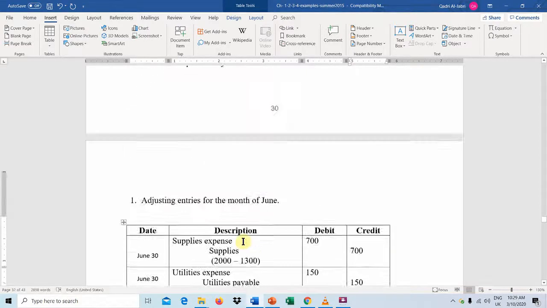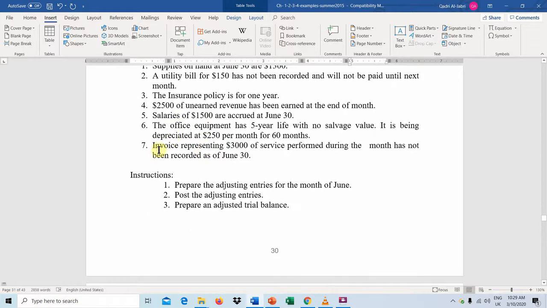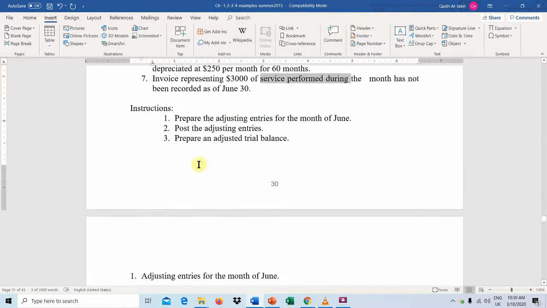Now the last one, saying that we have an invoice representing $3,000 of service performed during the month has not been recorded as of June 30. So we provided services for 3,000, but we did not record this. This is called accruals. This is an accrued revenues.